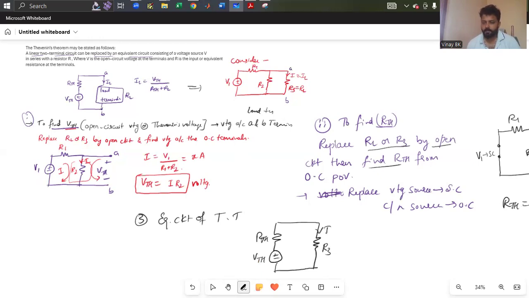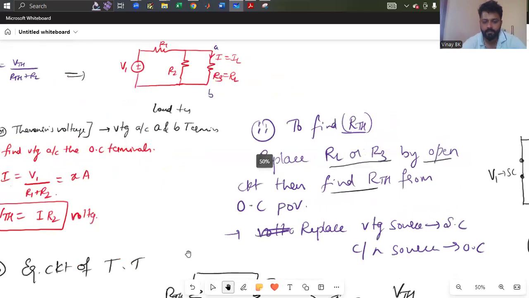Then the current flowing through the load resistor is IL. So that IL is given by, once after knowing the values of RTH and VTH, VTH divided by RTH plus R3, or RL, the load resistor. So this is the procedure to understand the problems of Thevenin's theorem.